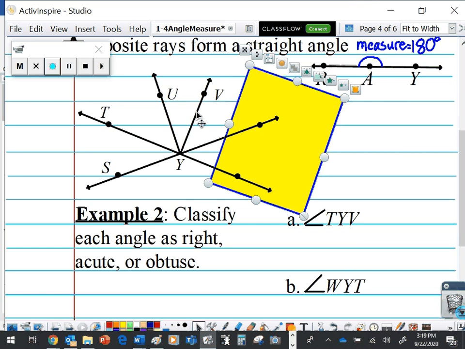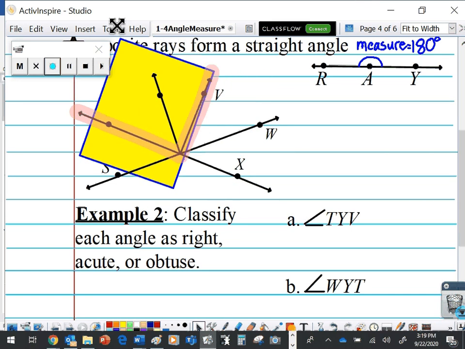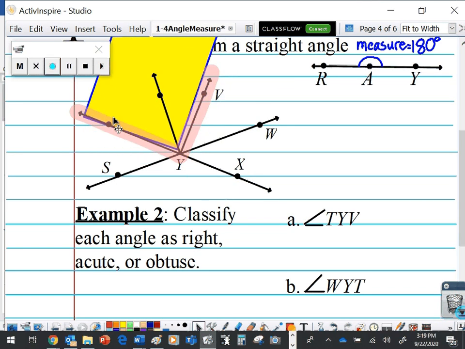So that's this one right here. If I want to measure this angle, I'm going to take my piece of paper and place it so that the vertex or the corner of that paper is right in the vertex of the angle. And one of those sides is going to be perfectly along the side of the angle itself.